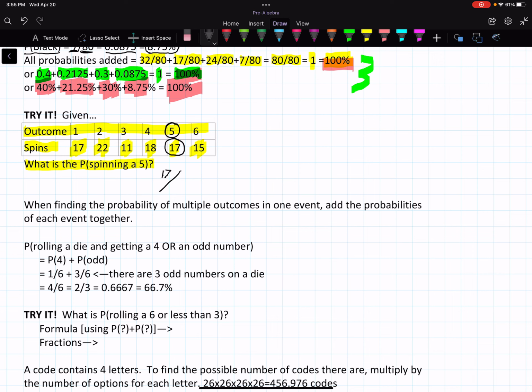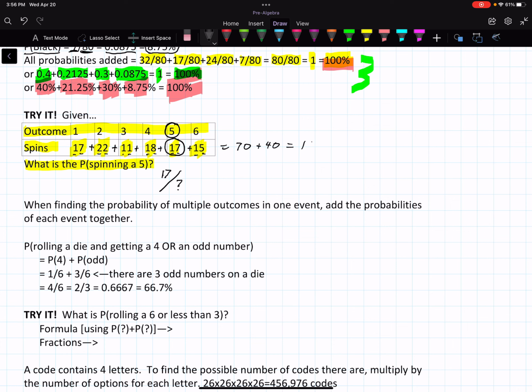And on the bottom, I need to know the total. Well, what is the total amount of spins? I just add these numbers up together in the spin row. And I can see that in doing mental math. I can say 10, 30, 40, 50, 60, 70, plus 7, 2, 19, 20, 28, 35, 40.